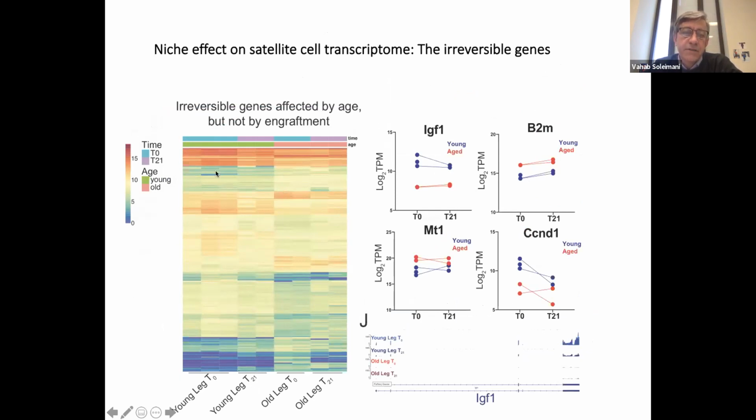But there's a whole list of genes that change in aging and are extremely resistant, or literally do not change even after 21 days of exposure to the young niche. Genes like, for example, IGF-1, B2M, beta-2 microglobulin, which is altered in aging and is also called an aging factor, and Cyclin D1. These genes cannot be changed back. And this is just a UCSC track again, showing the RNA-seq reads.